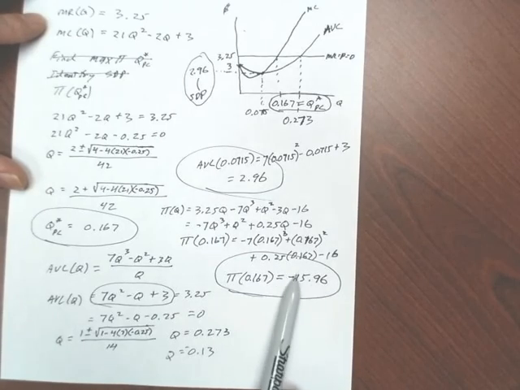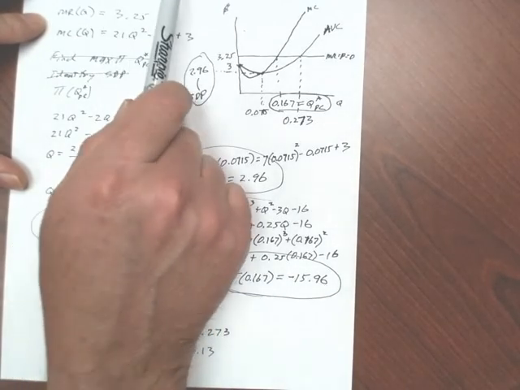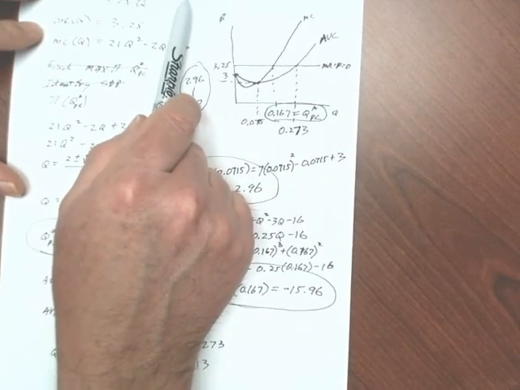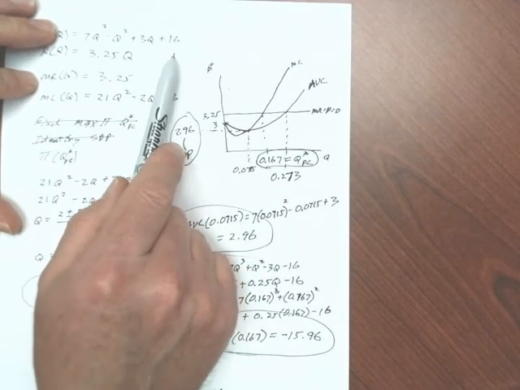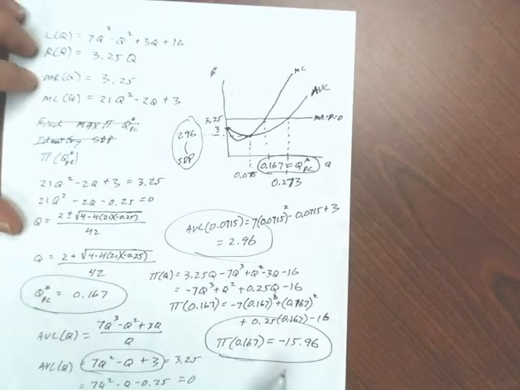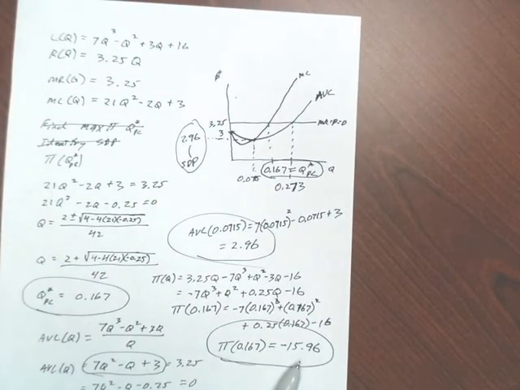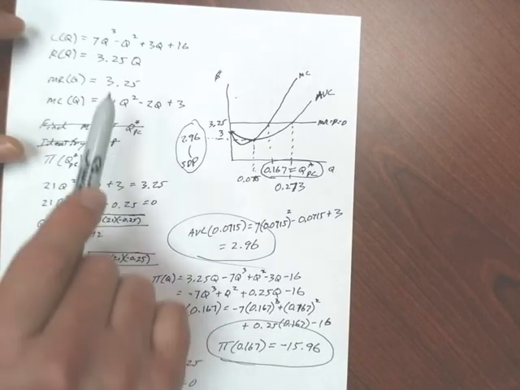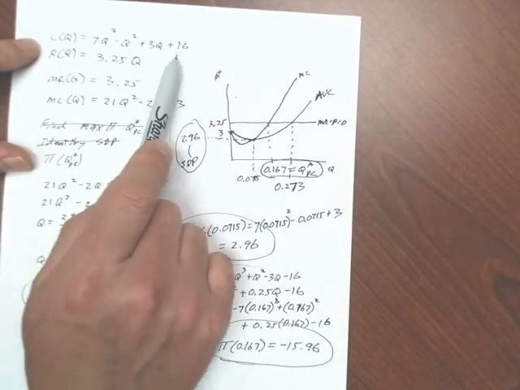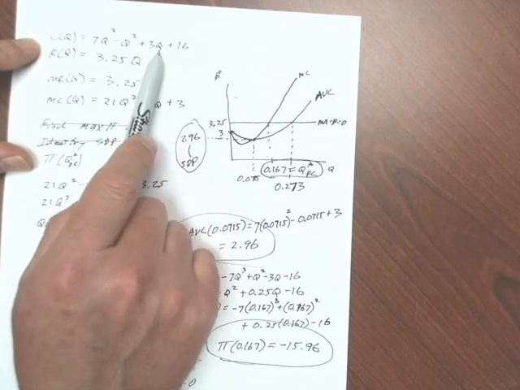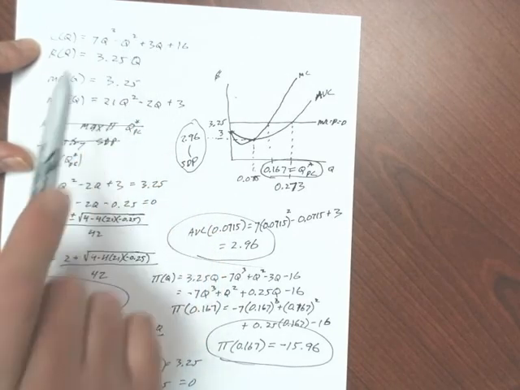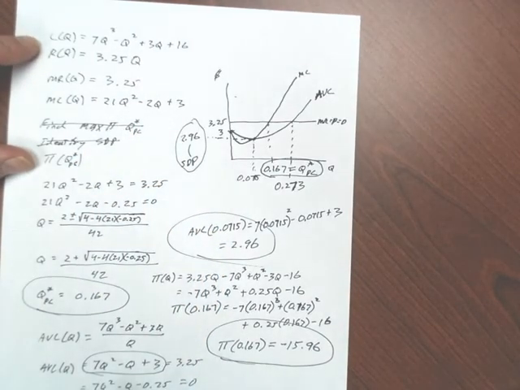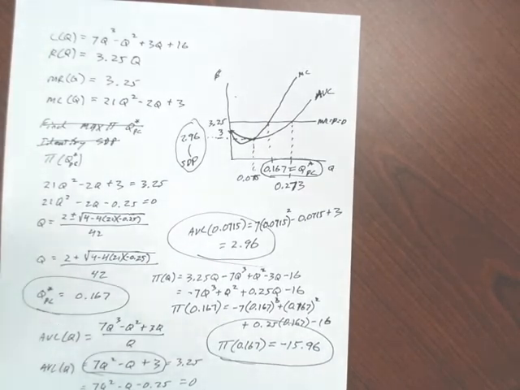But furthermore, in absolute value, their loss is less than the fixed cost. The fixed cost is 16, but their loss is negative 15.96. In other words, they're making enough money to cover all their variable costs plus a little bit of fixed cost. And they can continue to operate in the short run like that. Can't continue to operate in the long run, but can continue to operate in the short run.